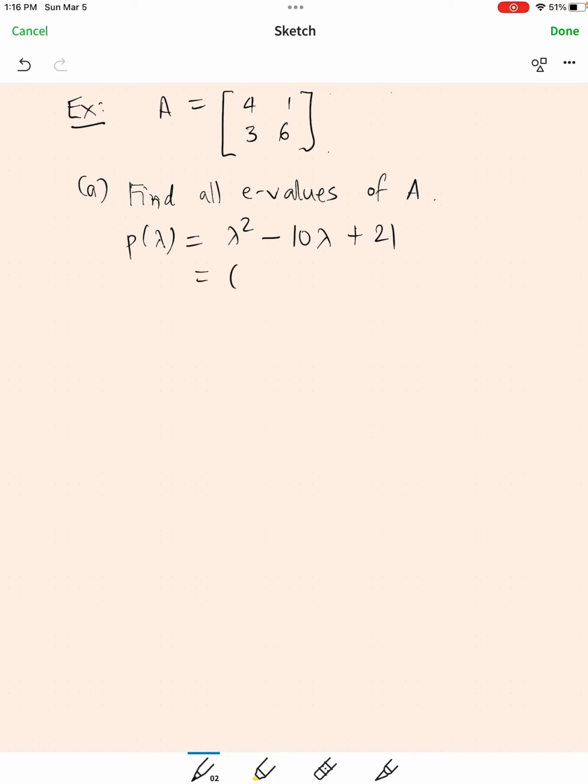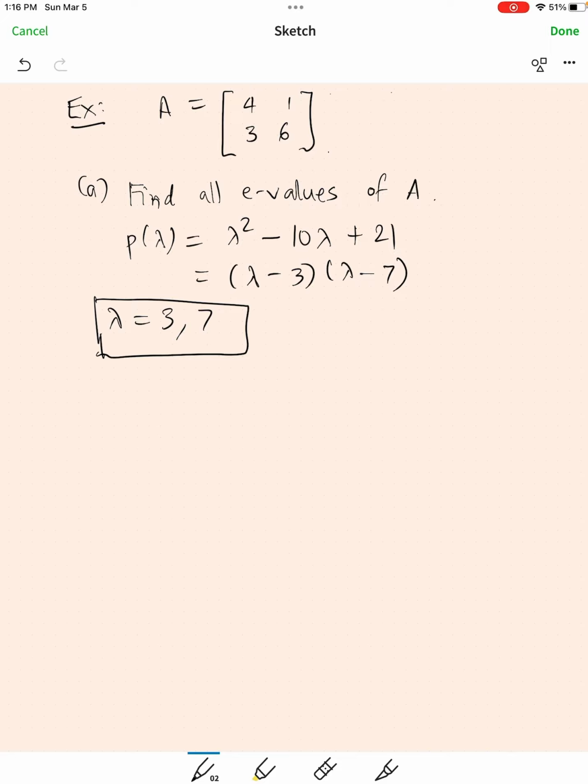Now we need to factor this. I think it's going to be lambda minus 3, lambda minus 7. So the eigenvalues are lambda is 3 and 7.